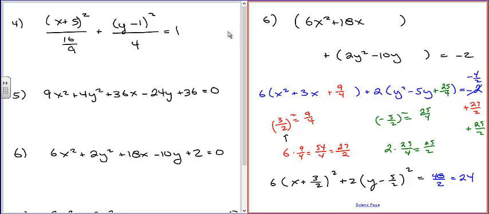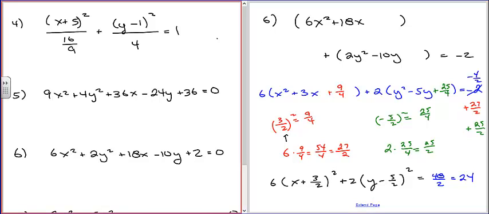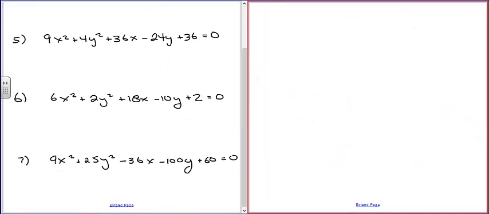And the final one for this section is number 7. So we're going to group the x terms together, group the y terms together, and move the constant to the other side, make it negative.